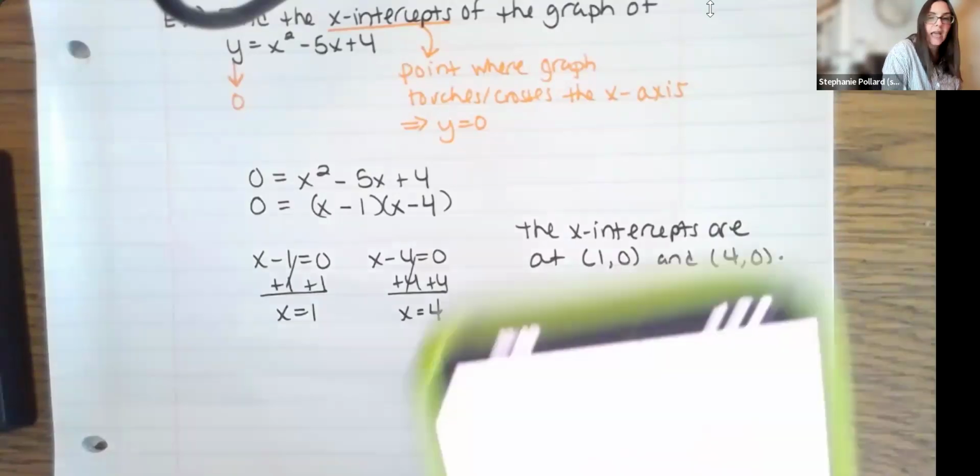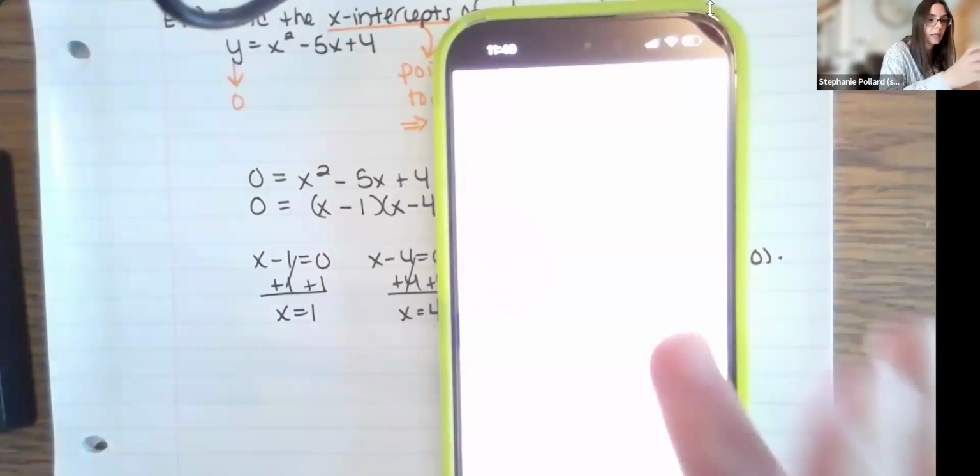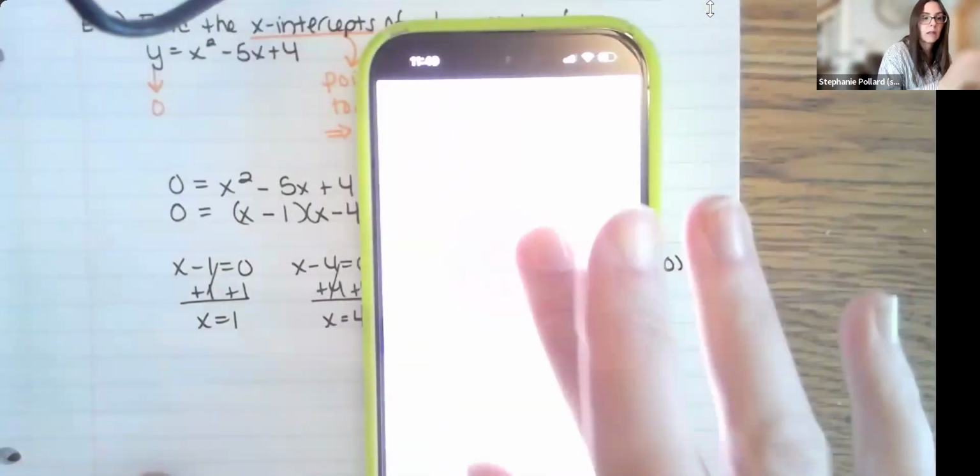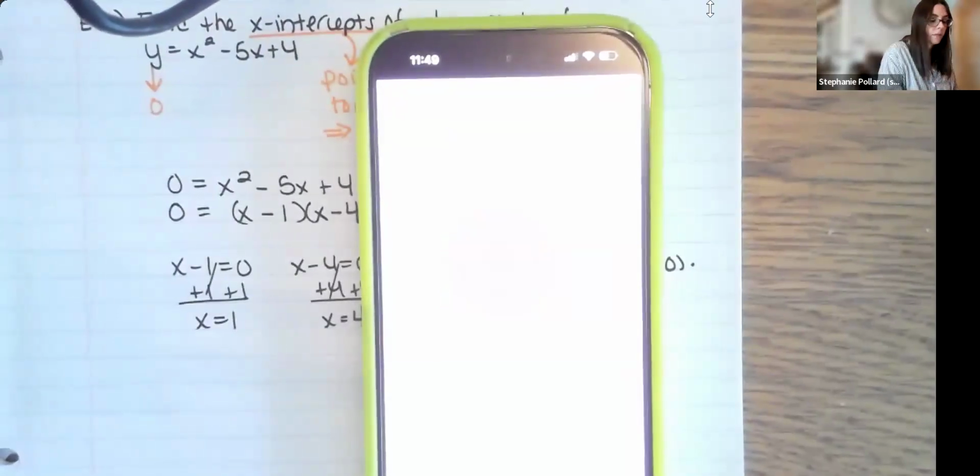All right, so this is the Desmos app on my phone, and I'll see if I can get you to see the screen a little bit. Oh, maybe not. Let's see.